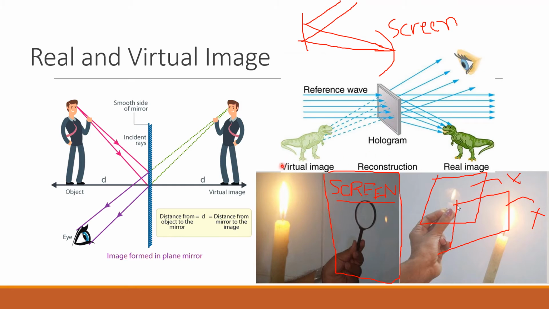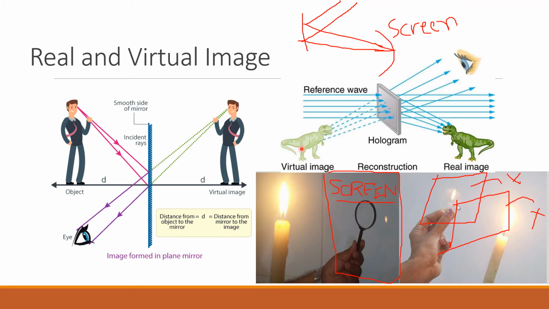Because the rays do not intersect, but instead they appear to be coming out from some point. Or just let's keep it simple. If the rays do not intersect and the image is formed, in that case, what kind of image is this one? Virtual image. And this virtual image cannot be obtained on any screen.